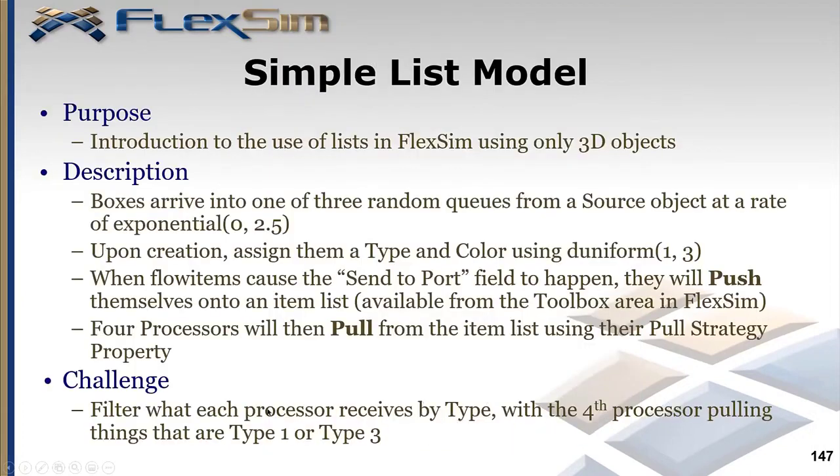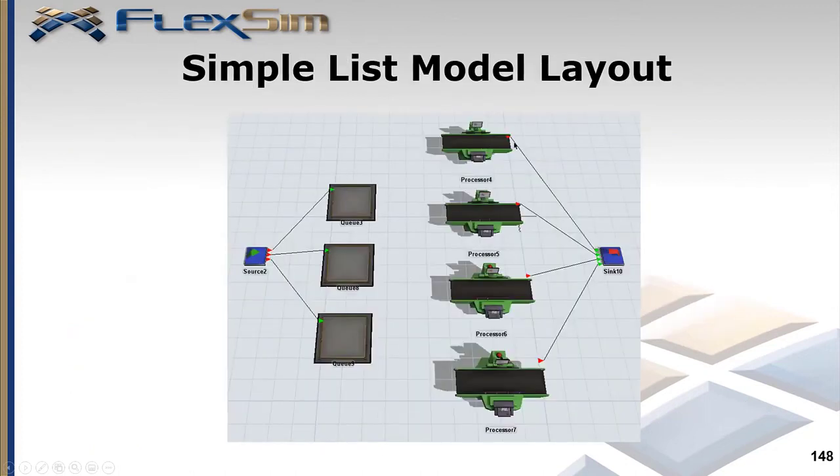But the fourth processor, we want it to be able to pull things that are either type 1 or type 3. Upon creation, when you create those flow items, we want to assign them a type label and a color using duniform 1,3. Then we want to push them to a list, let the processors pull them from the list, and then use the query of the processors to pull things so that all type 1s are pulled here, type 2s here, type 3s here, and your fourth processor pulls type 1 or type 3.